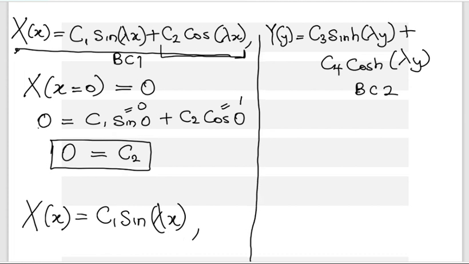Let me draw this line here. So to apply the boundary condition here, we have that y at y equals 0 is equal to 0.